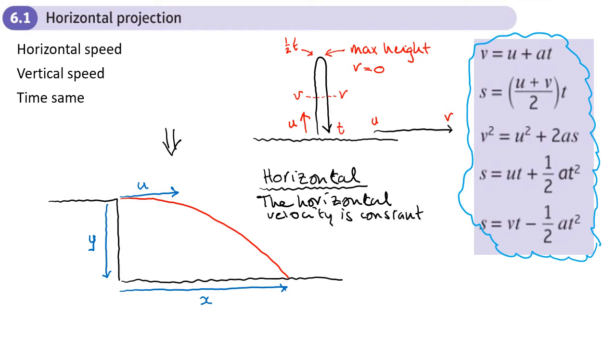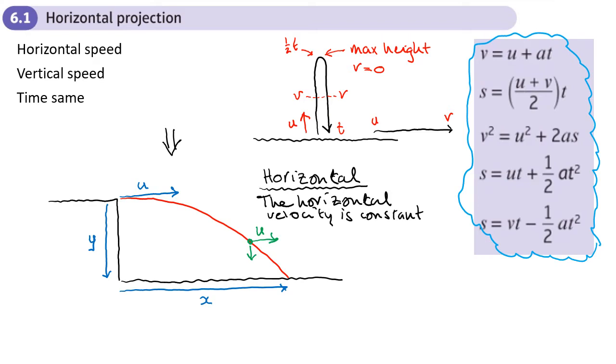So wherever you measure the velocity, let's say we measured it from this point here, there'd be a horizontal part to the velocity and a vertical part to the velocity. The horizontal part would be the same as what it is at the start. It would be u. So the horizontal velocity is always constant.